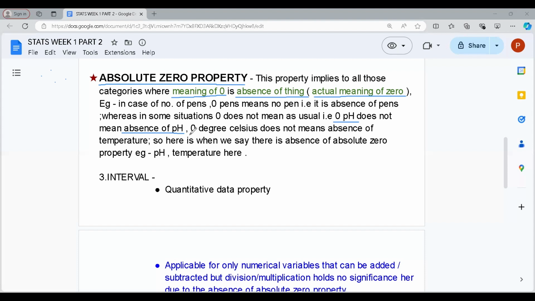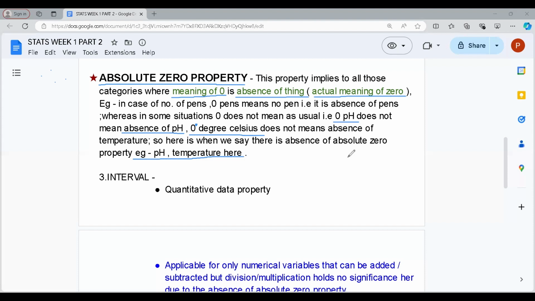Similarly, when you talk in terms of temperature, 0 degrees Celsius does not mean absence of temperature. There is a temperature present over there. 0 degree is a temperature. It's not that there is no temperature over there. So here we say that there is absence of absolute zero property, for example pH and temperature.